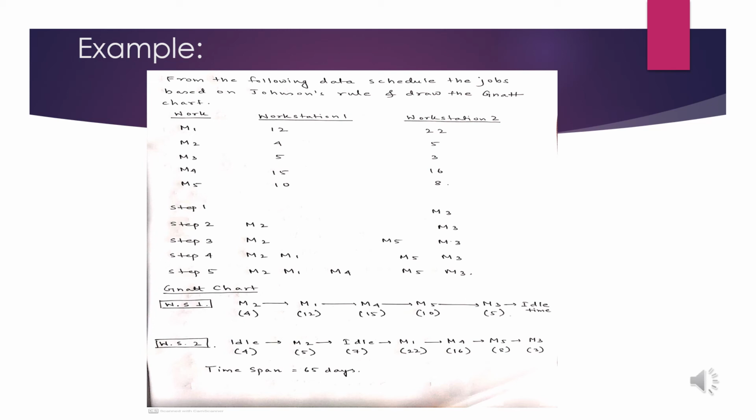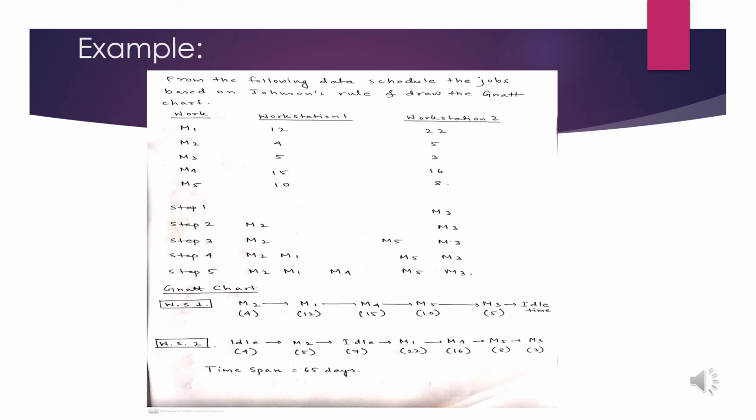Now if M3 has been eliminated, the job which has the shortest processing time is M2, at workstation 1. So according to Johnson's rule, I will schedule it as early as possible. So I will be placing M2 under step 2 at the number 1 position and then eliminate M2 from further consideration.